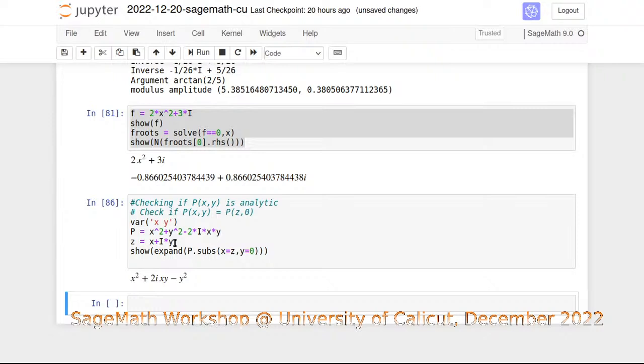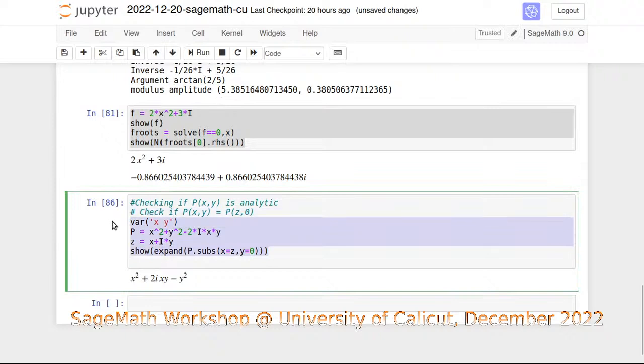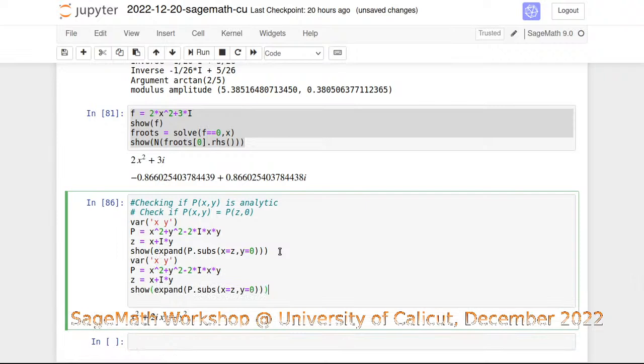On the other hand, now suppose that instead of this, we check something else. So x plus iy square itself. x plus iy square is nothing but x square minus y square plus 2ixy.